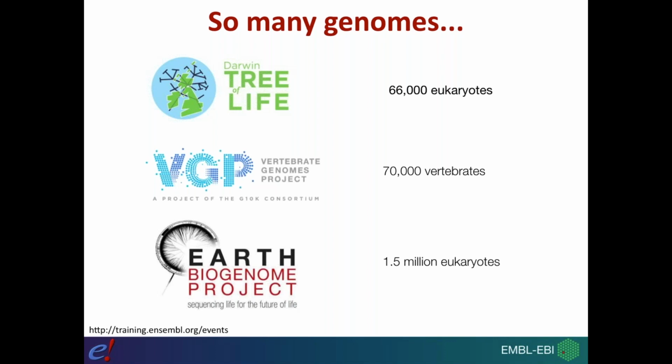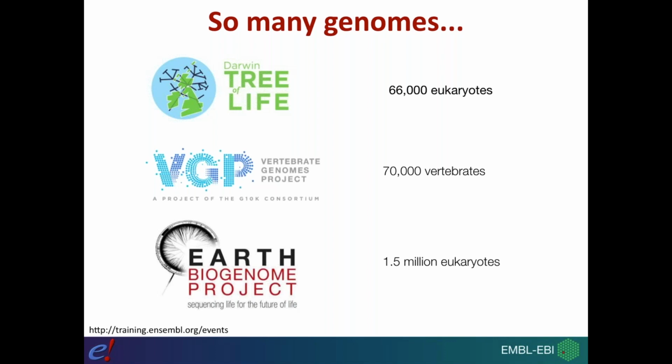And then there's the Earth BioGenome Project, which is aiming to sequence 1.5 million eukaryote species around the world. So obviously the different species perhaps in these projects are slightly overlapping, but the idea that I want to impress upon you is that in perhaps just a few years' time, instead of Ensembl containing 200, 300 species, we're going to be containing thousands of species.